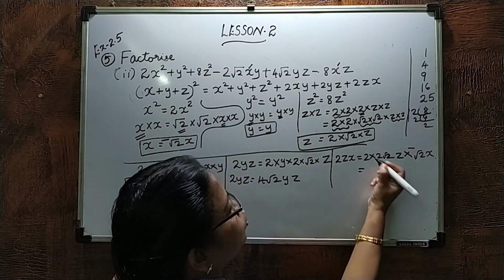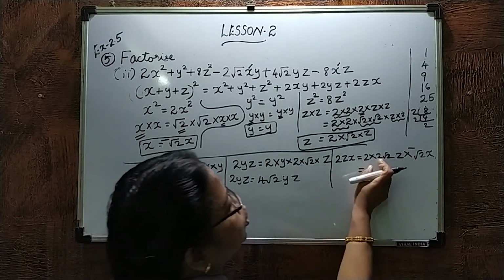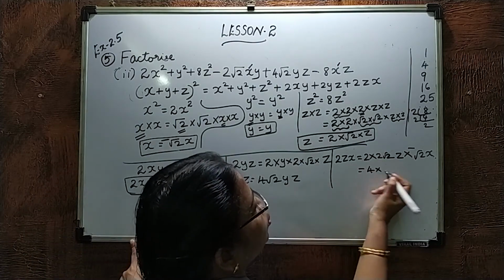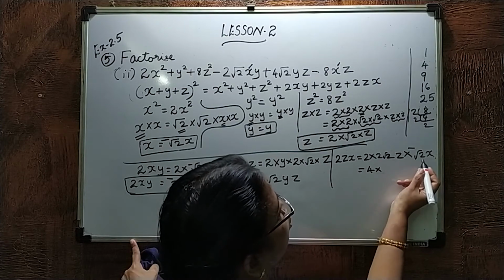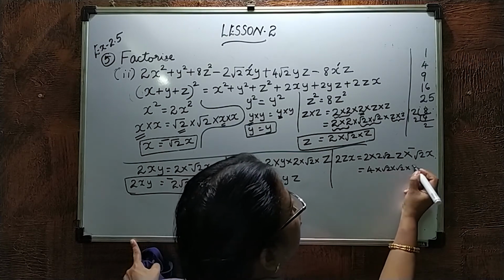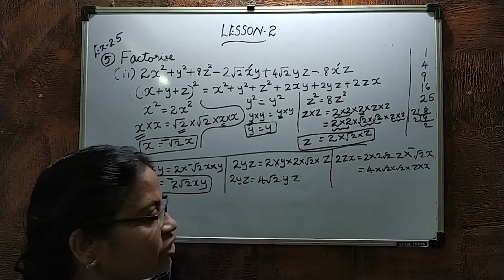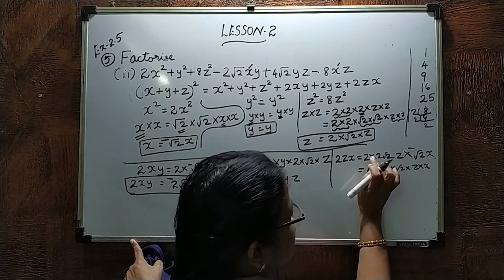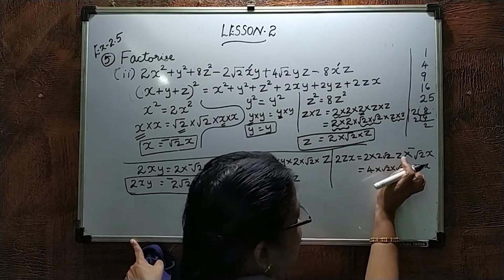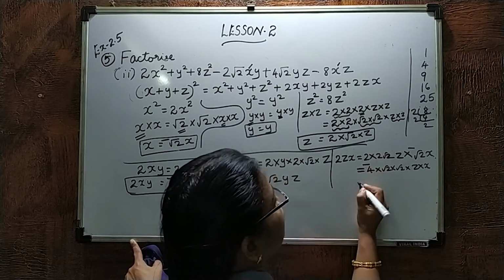Now multiply now. 2 into 2. Just find out the numbers first. 2 into 2, 4. 4 into root 2 into root 2. That will write now. It will be better. Into z into x. What about negative sign? It is only one negative sign is there. Positive into positive, positive, positive into negative, negative.